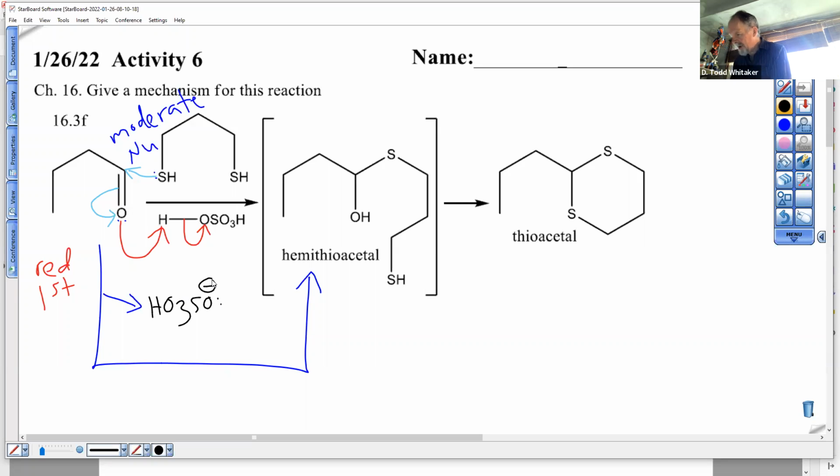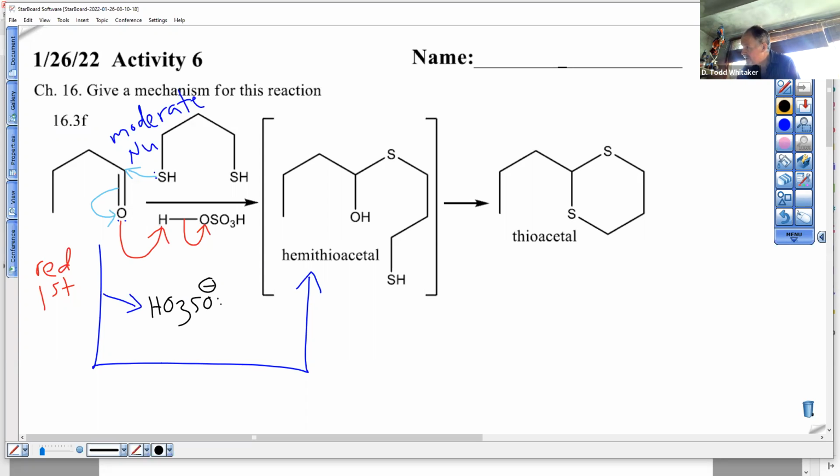You're also going to generate a thio with a plus charge. We call that a sulfonium. S will have 3 bonds. I hope you agree. S will have 3 bonds. That will give it a plus charge, and it's attached to an H.